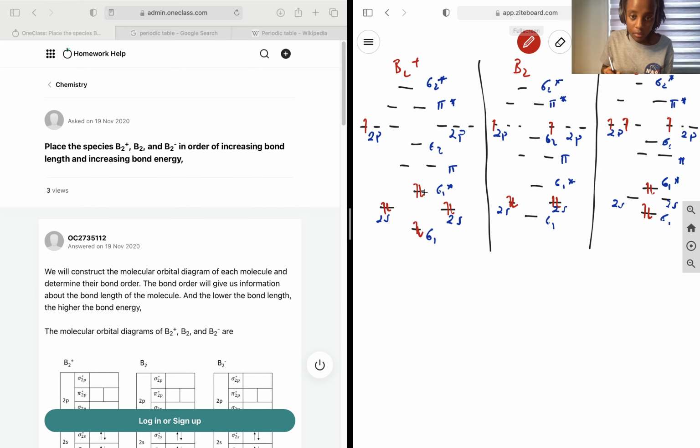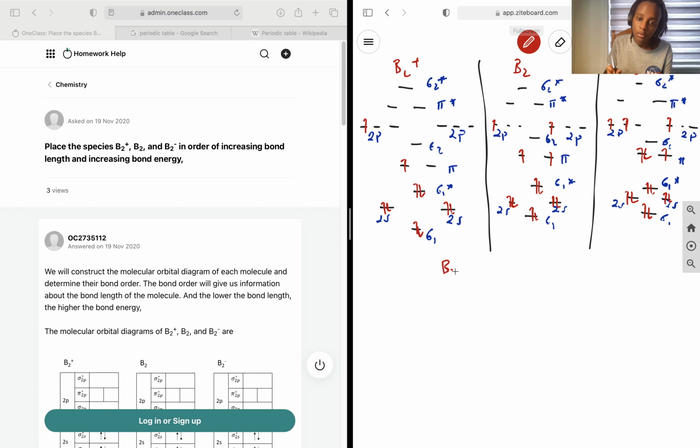So we get 2 here, and just 1. 2 here, we have 2, so we're going to have 2. 2 here, and we have 3. So 1, 2, 3. Okay, and so our bond order is going to tell us about the bond length and the bond energy. So first let's find the bond order for each.